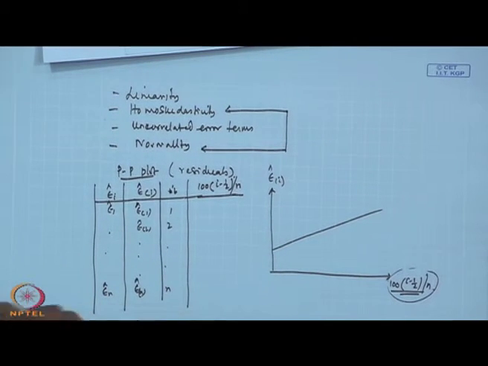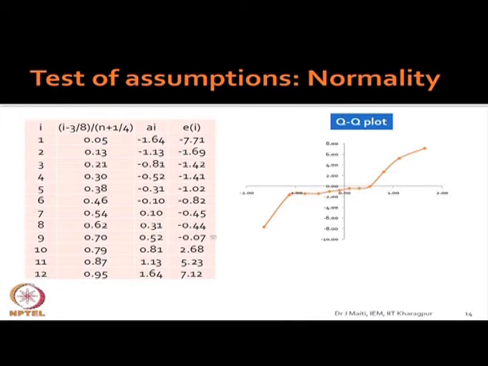So then another plot I will show you here, that is the QQ plot, quantile plot. The error is normally distributed. Each error term should be normally distributed with mean 0, and variance component sigma square, I minus H, we have discussed in last class.